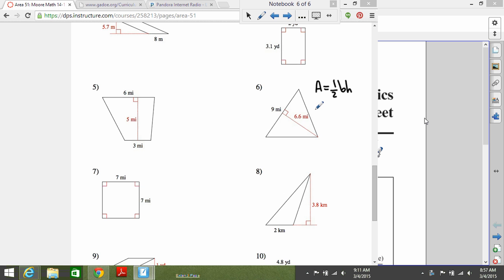Okay. A equals 1/2. What's the base? What's the height?